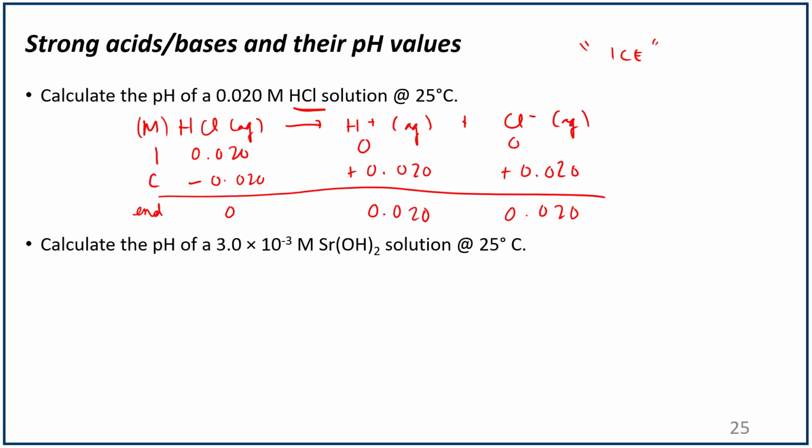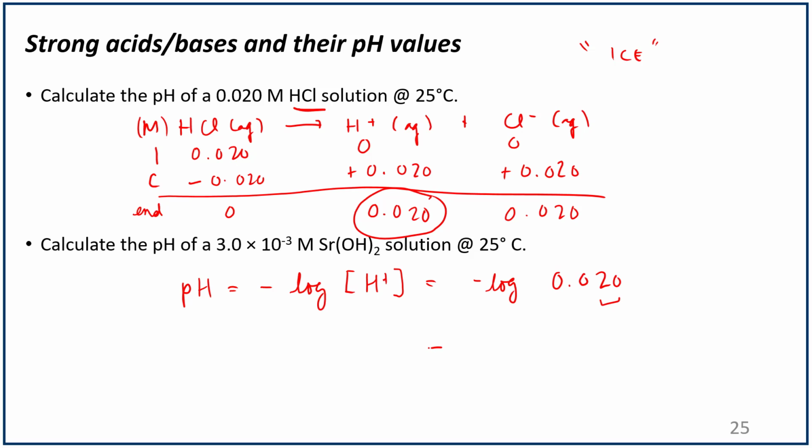Okay, so since the concentration of H+ is this, you can just get the negative log of that to solve for pH. pH is negative log of [H+], which is just equal to negative log of 0.020. Okay, again, we need to watch sig figs in our final answer. For the mantissa rather of our final answer, so this one should be 1.70. There's 2 sig figs in the mantissa.